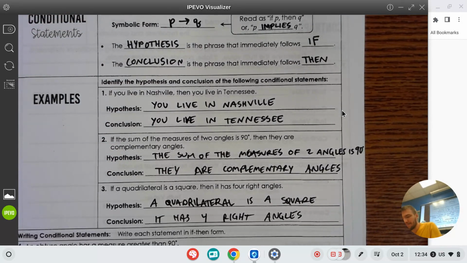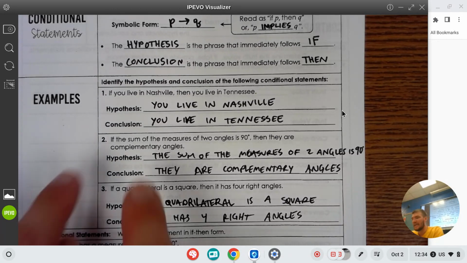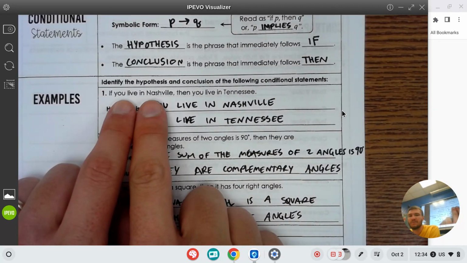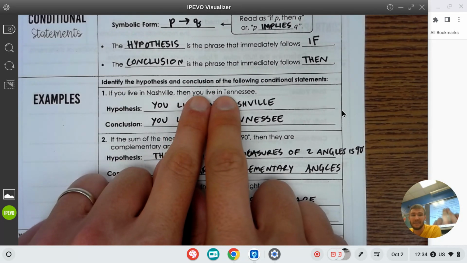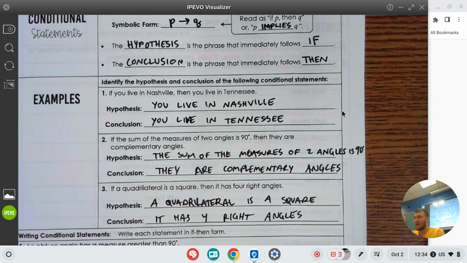Before we move on, and as you are finishing writing, do you see how these statements are not just 2 random, unjoined statements? These actually are relating to each other. Okay? If you live in Nashville, which is a city in Tennessee, then you're going to live in Tennessee. A lot of times, students think about it like a zoom in and a zoom out.